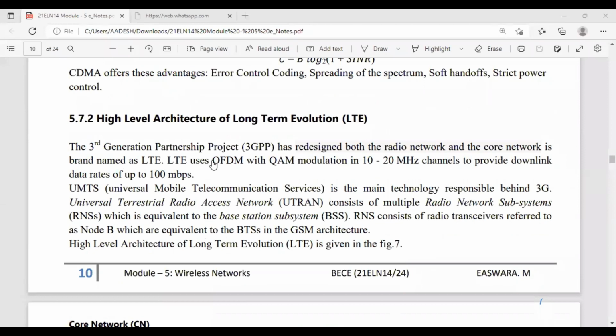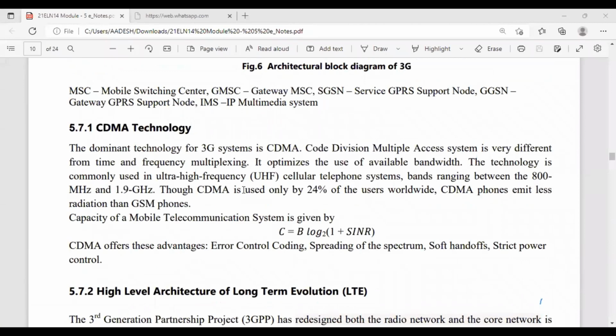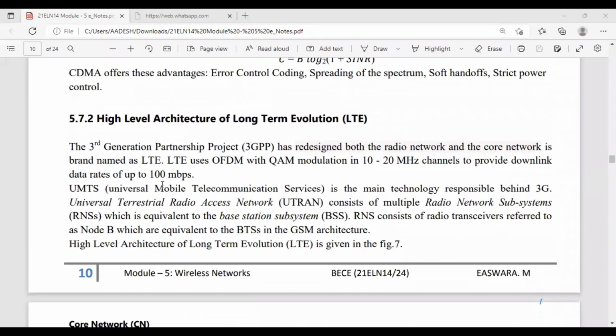But here we use OFDM, orthogonal frequency division multiplexing, also used with quadrature amplitude modulation technique. And the data rates here are up to 100 Mbps. The previous one was up to 2 Mbps or 20 Mbps, but now it is 100 Mbps.